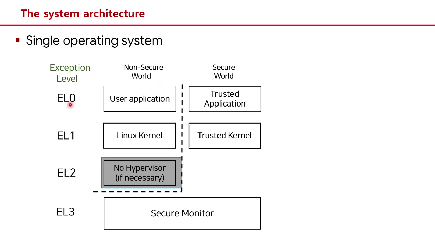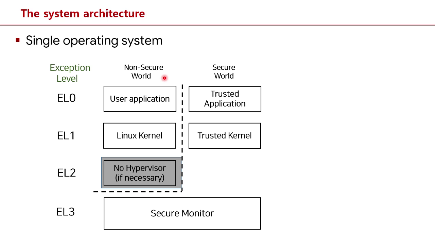Exception level 0 is interacting with exception level 1 by running the SVC assembly instruction. If an exception happens, it moves the control to exception level 1 from exception level 0. So you can assume that in most cases, most of the software is running at exception level 0 and exception level 1 in the non-secure world.